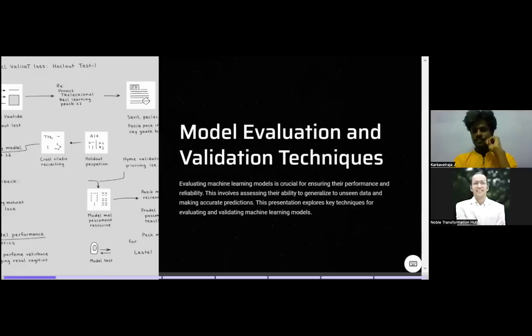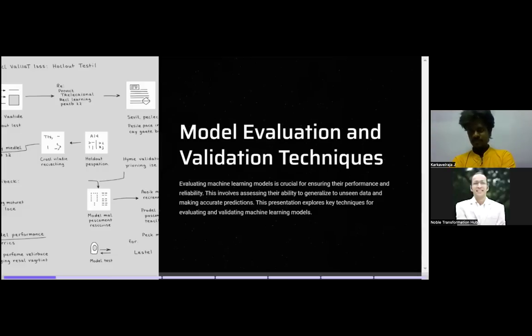They are crucial for ensuring performance, reliability, and the ability to generalize. You will not have 100% accuracy, as Raja already mentioned. 90 to 95 plus is a good accuracy; you will never have 100.